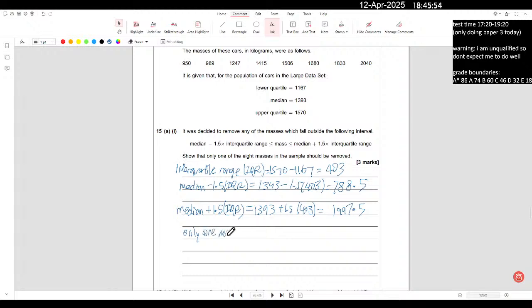Only one mass falls outside 788.5 to 1997.5, which is the mass 2040 kg.